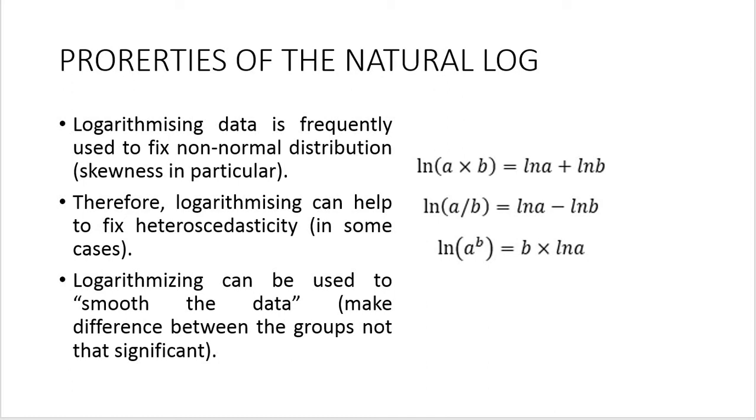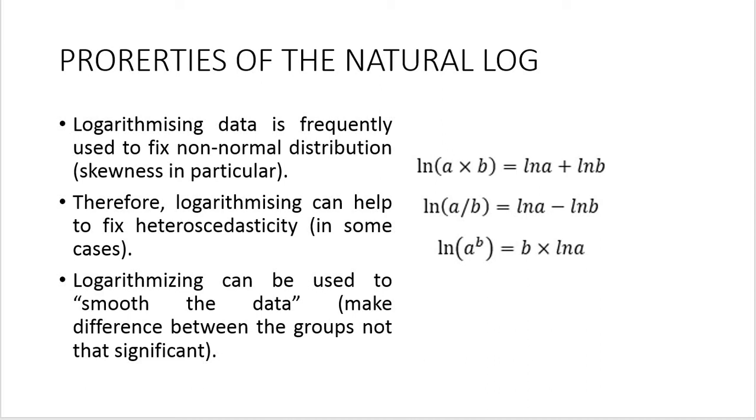And in general, logarithmizing can be used to smooth the data, which means making differences between the values in different groups less noticeable. So, for instance, if you analyze the determinants of economic growth, or let's say GDP per capita, for a really big set of data, when you include many countries with different levels of income, it would be better to logarithmize, because obviously we have several distinguishable groups according to the level of income.